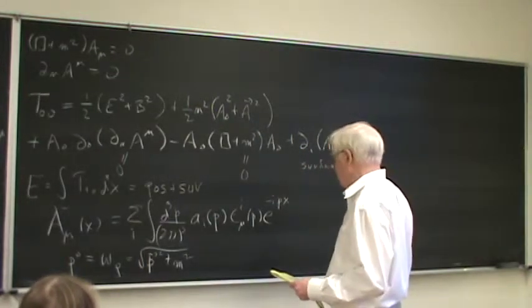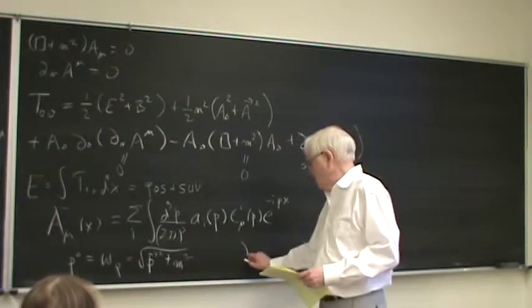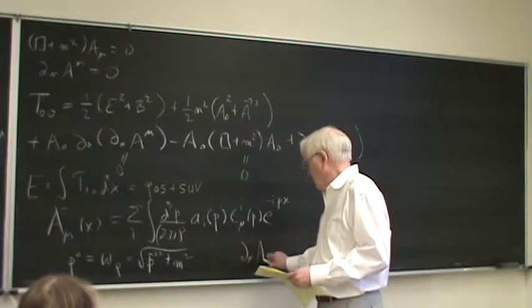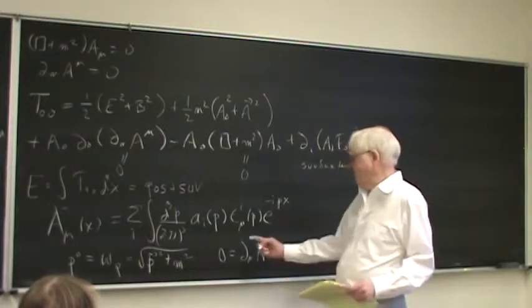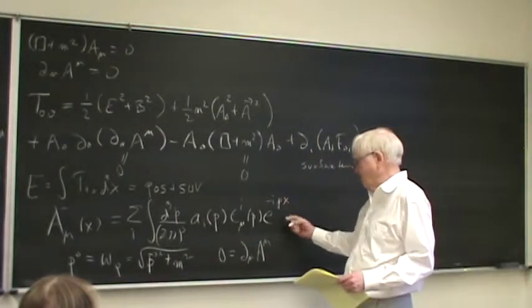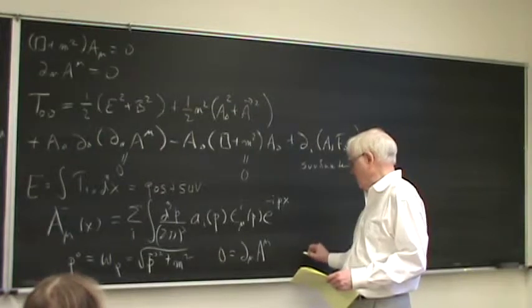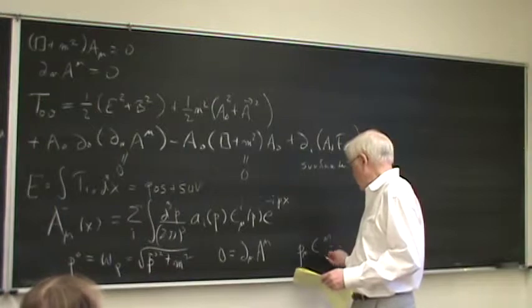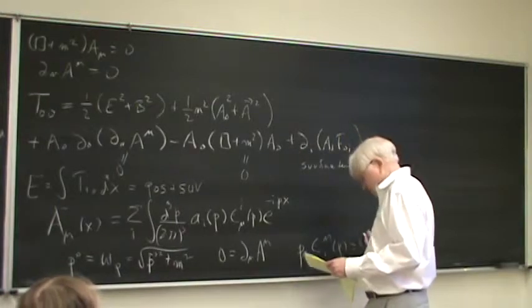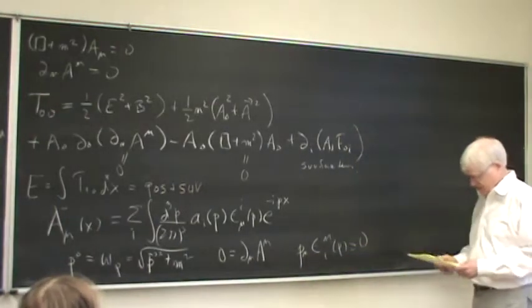One of the things we want from this field is we want ∂_mu A^mu to be 0. And if you take a ∂_mu, you're bringing down a p_mu. So what you want then is p_mu epsilon^mu_i of p to be 0.